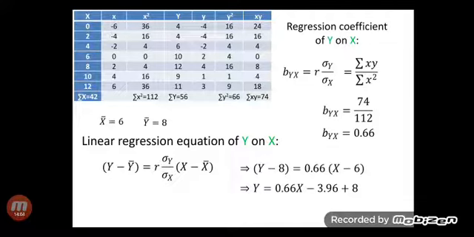So we have a negative sign here, plus 8. So we get y is equal to 0.66 into x plus 4.04. So this is the regression line of y on x.